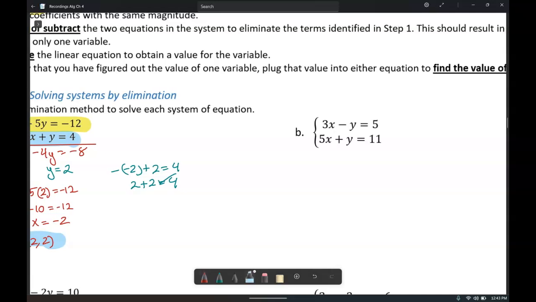So just like before, we see that we already have opposite signs here, so we can just start by adding the two equations. 3x plus 5x equals 8x. Our y's cancel, and then we're left with 16. And the value for x is 2. We'll go ahead and substitute 2 back into one of our equations.